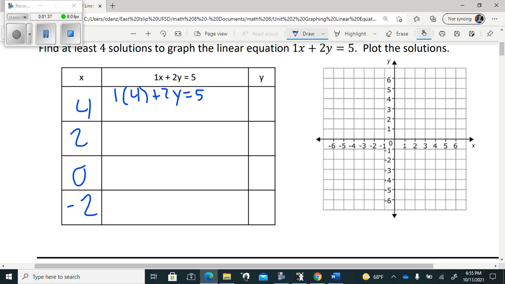This is an equation we have to solve. So I'm going to subtract 4 from both sides. Kind of wish they gave me more room. I'm going to come over here. I have 2y equals 1. And when I divide by 2, I get that y is a half.